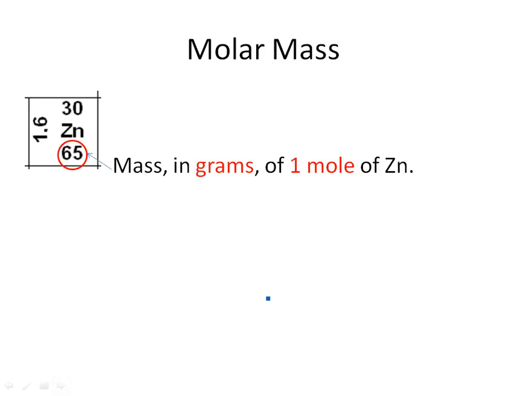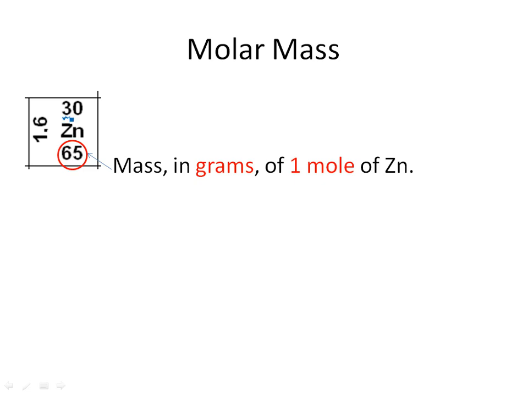What does the word molar mass mean, and how can we find it? Molar mass means the mass in grams of 1 mole of that substance. If we look on the periodic table, we find that each element has a few numbers associated with it.